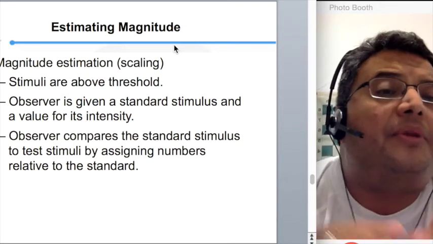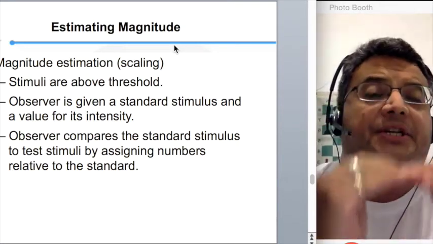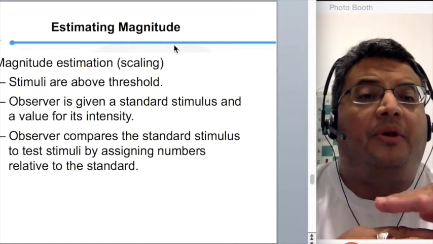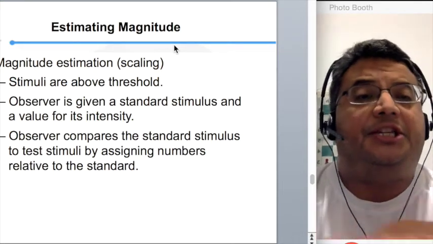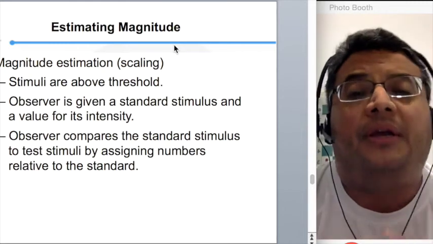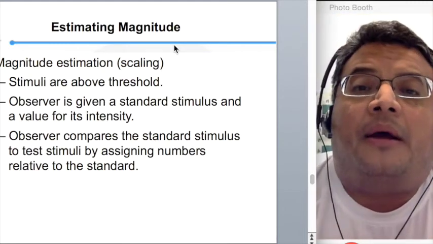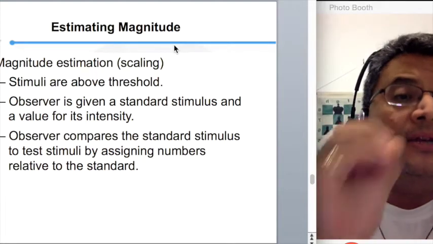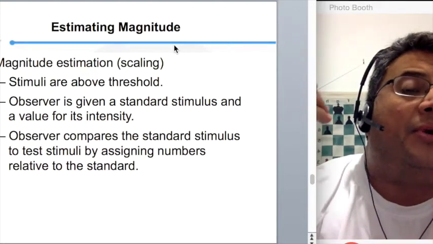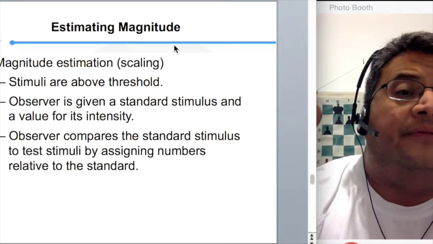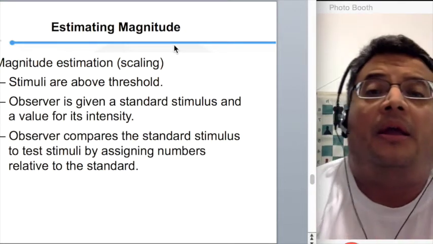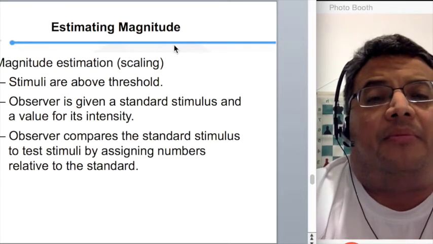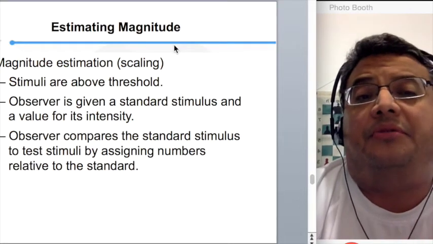Once we've determined the threshold, in other words where the detection limits are, now we want to see how far you can go, whether you're able to detect changes in the magnitude, how powerful the stimulus is. So basically, you shine a light and say, we're going to call this light a value of 10. Now I want you to compare these other lights and tell me how bright they are relative to the light you just saw.